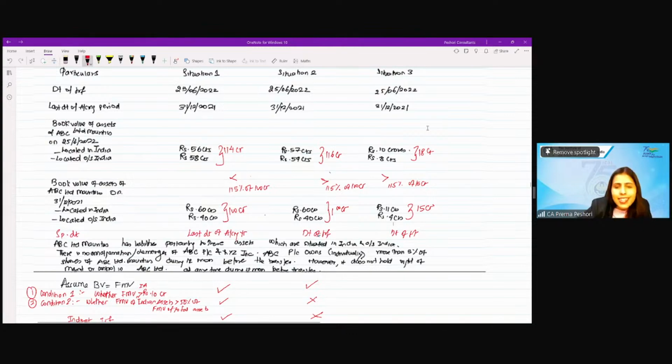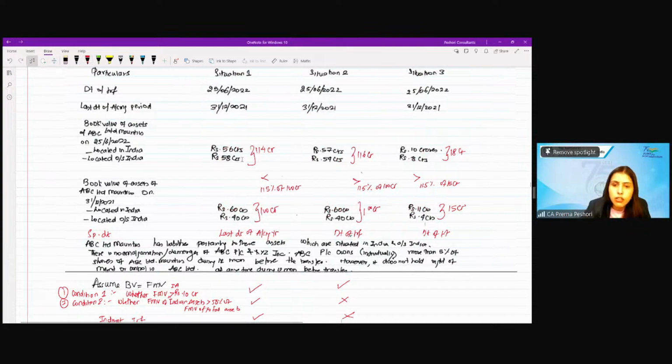The Act says it should exceed 10 crore and should not be exactly equal to 10 crores. So this condition will fail. And if this condition fails, we need not even check the second condition, but in case you are checking that also, even that is failing.